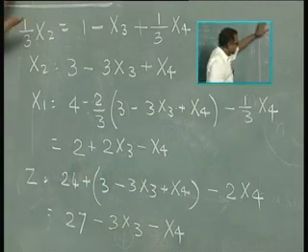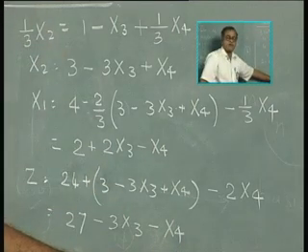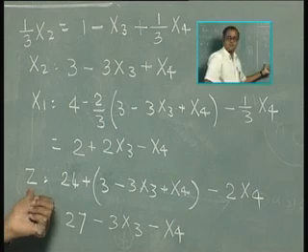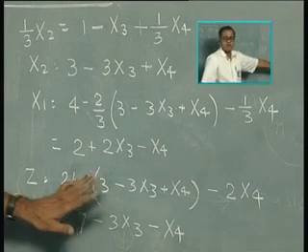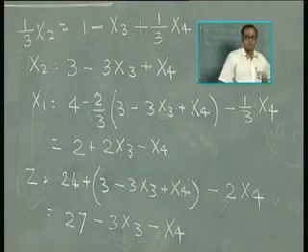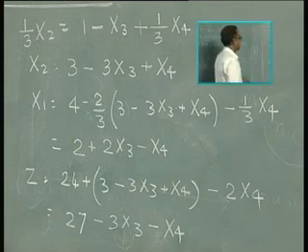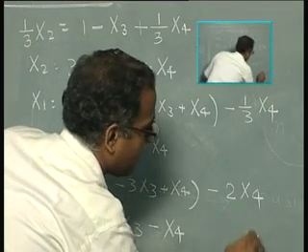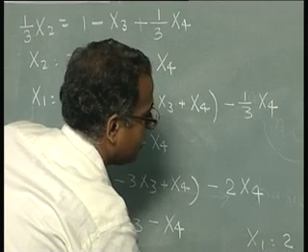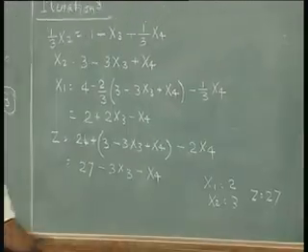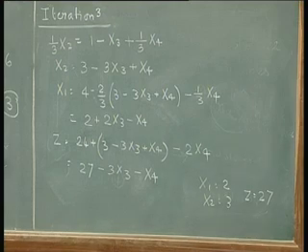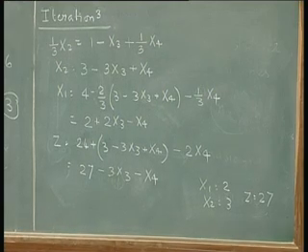So, we are unable to proceed from this point to try and increase z further, and since we are unable to increase z further, we stop here and we say that the best solution has been obtained, and the best solution that we have obtained is x1 equal to 2, x2 equal to 3, z equal to 27.